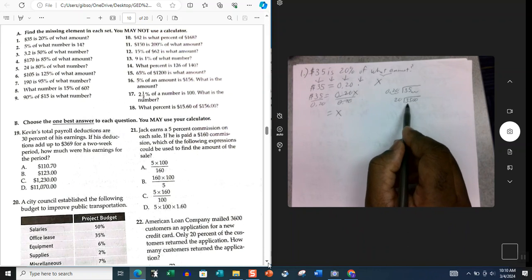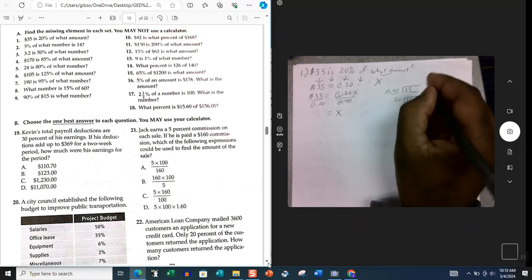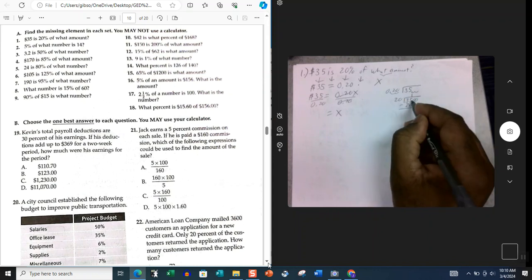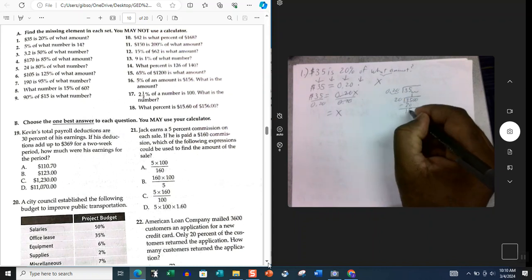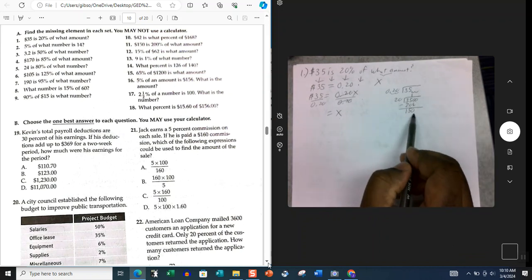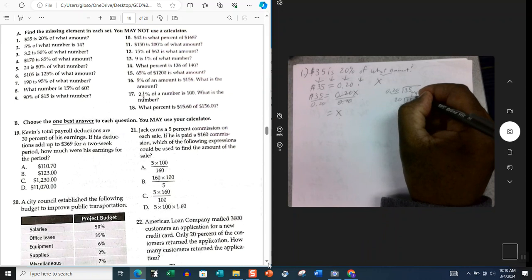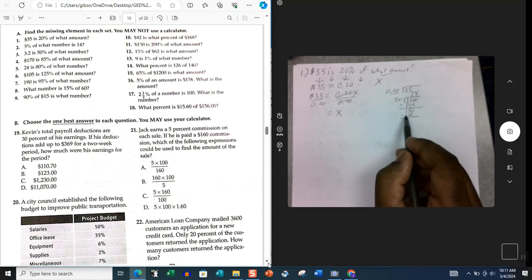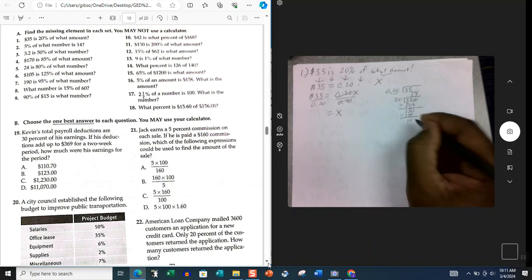20 goes into 3 0 times. 20 goes into 35 once. 1 times 20 is 20. 35 minus 20 is 15. Bring down the 0. 20 goes into 150 7 times. So 7 times 20 is 140. 150 minus 140 is 10.